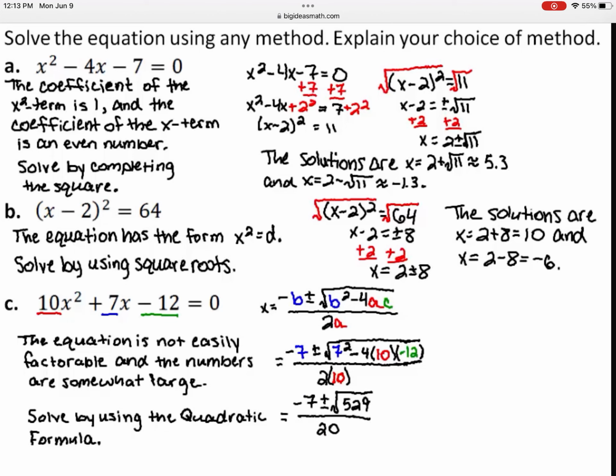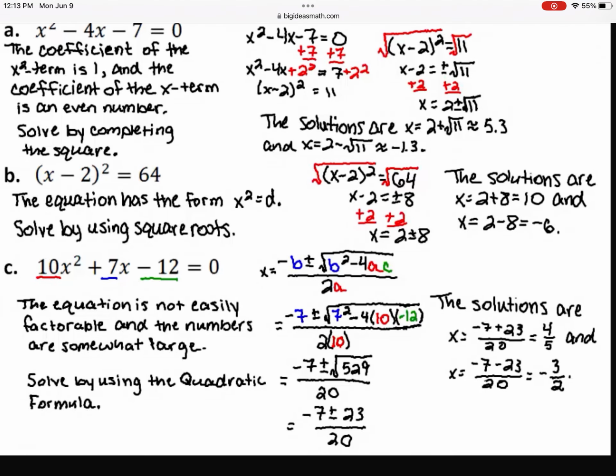The square root of 529 is 23. So the solutions are x equals the quantity negative 7 plus 23 divided by 20, which simplifies to 4/5, and x equals the quantity negative 7 minus 23 divided by 20, which simplifies to negative 3/2.